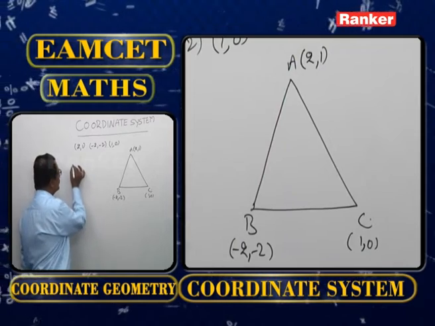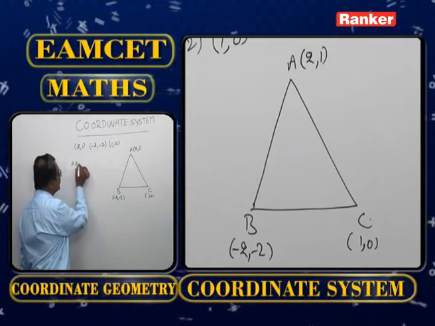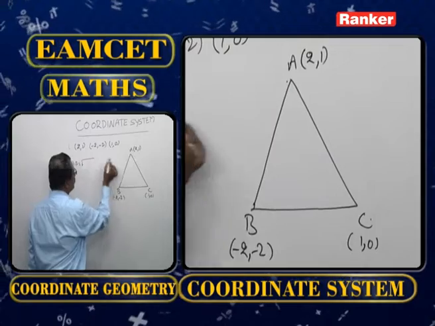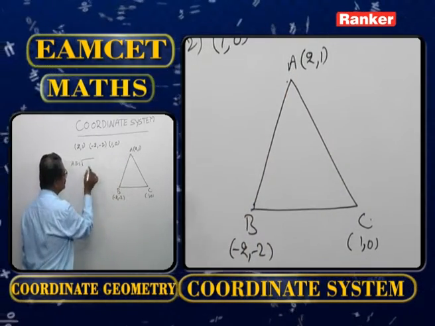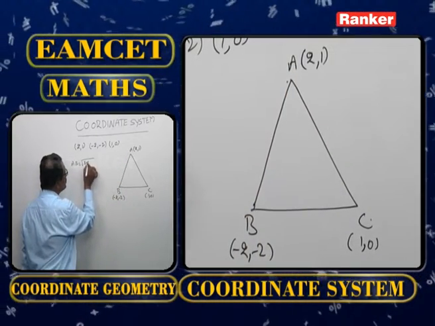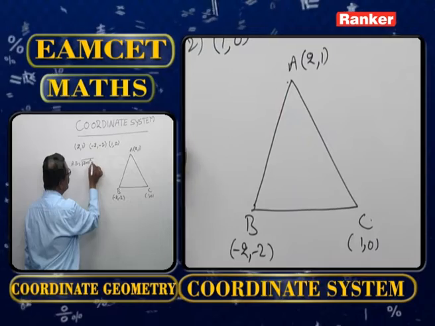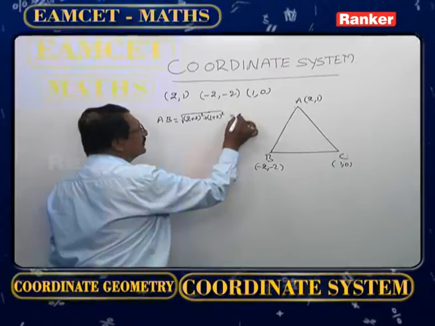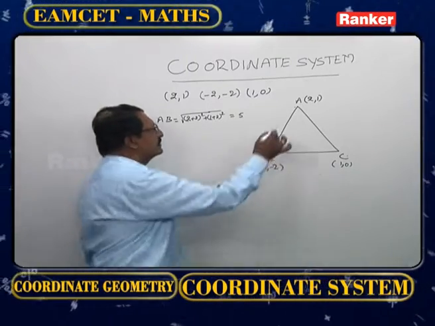Now the length of the side AB equals square root of 2 plus 2 whole square plus 1 plus 2 whole square, that equals 5 units. Length of the side AB equals 5.